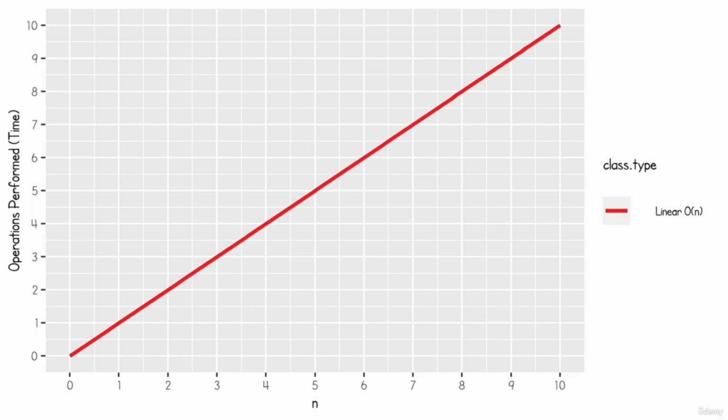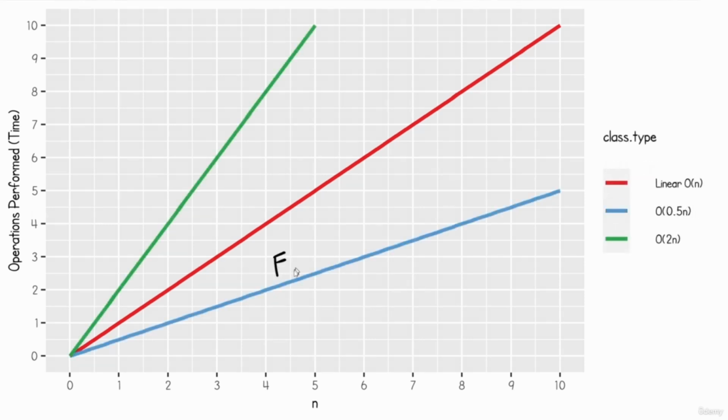The number of operations performed, or the time it takes, is in direct proportion with the size of our input. A faster algorithm will have a shallower gradient, whereas a slower one will have a steeper one. However, if it is a straight line, they will all belong to the linear complexity class, meaning that they have a complexity of big O of n.